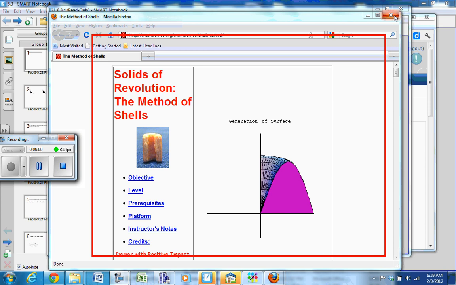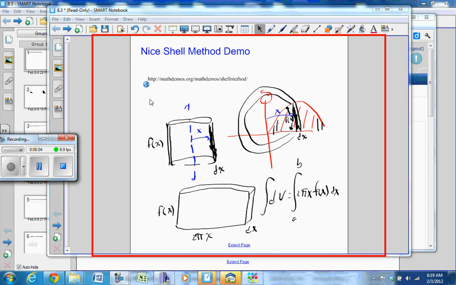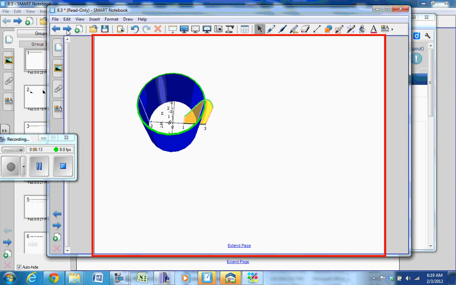Okay, so we've already seen this. Let's move on. The visualization they gave is significantly superior to the one that I gave, but I'm okay with that. So here's another picture, looking from the top down, the idea of taking our curve here, and rotating that one little sliver around the y-axis.